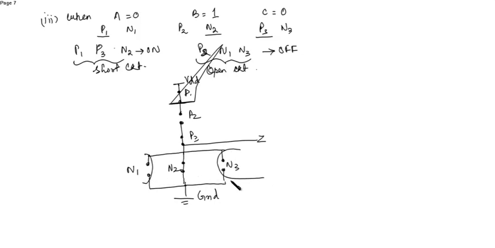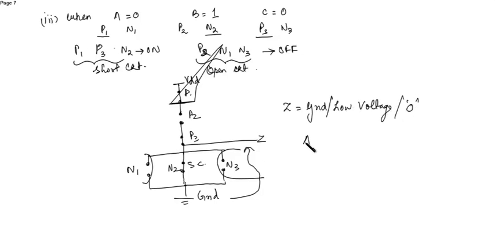But since they are in parallel with N2, which is short circuit, the output obtained will be Z is equal to ground, or let's say low voltage, or 0. So when A is equal to 0, B is equal to 1, C is equal to 0, then Z is equal to 0.